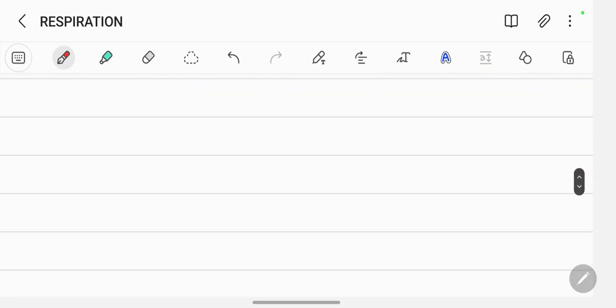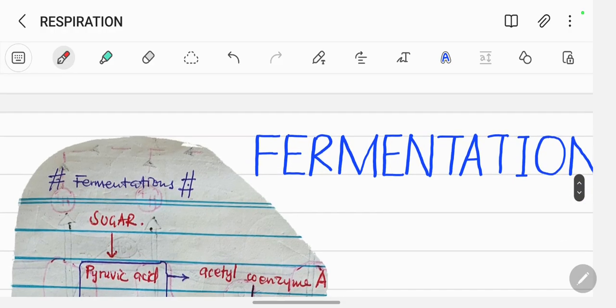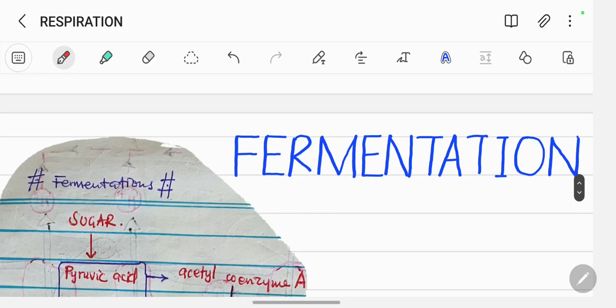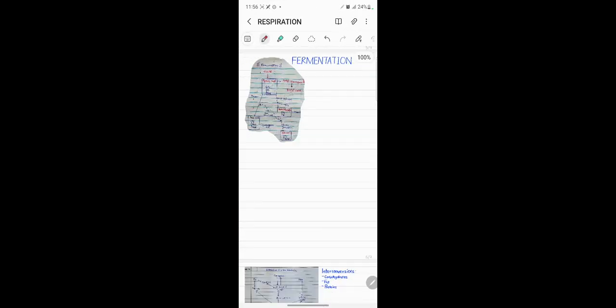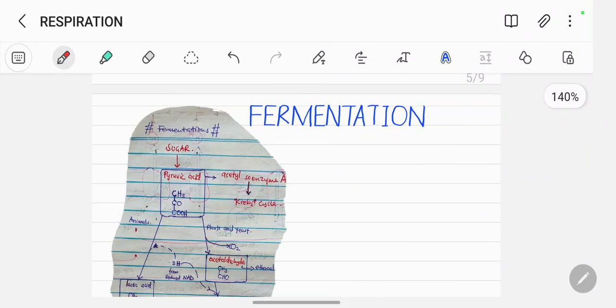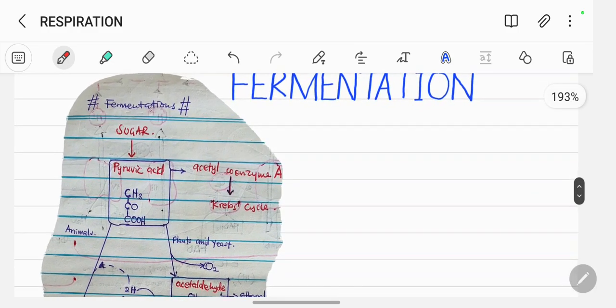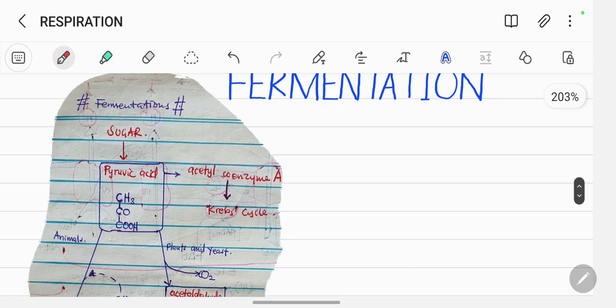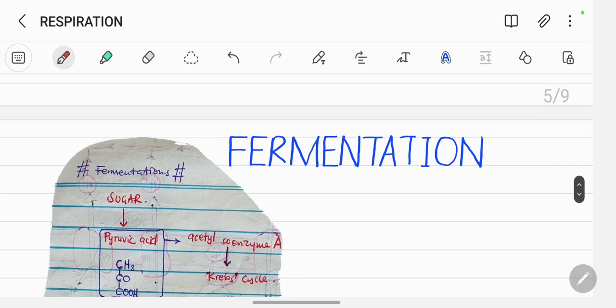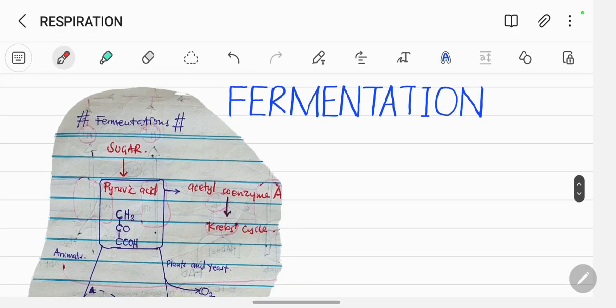Then we move on to our fermentation. So when we talk of respiration, we have to talk about fermentation. Sorry, it's a must to talk about fermentation, because fermentation is anaerobic respiration. Respiration in absence of oxygen. And during this fermentation, remember we have 2 kinds of fermentations.